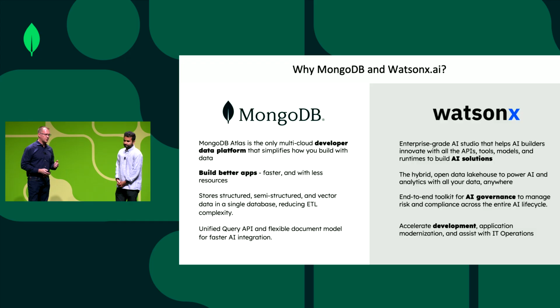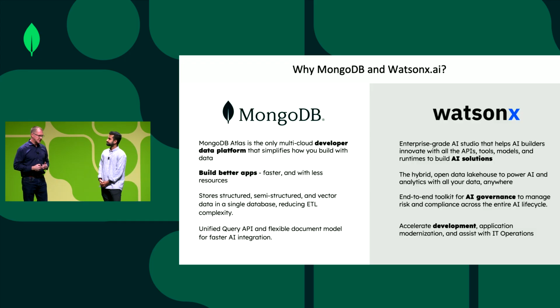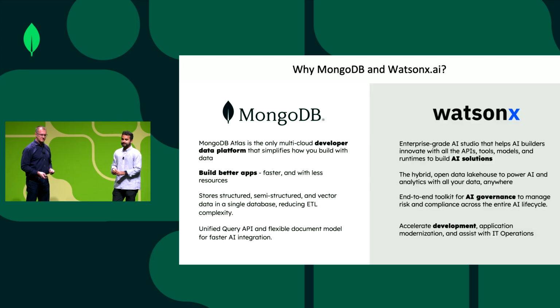Nisarg, how do I get started? If I am one of these enterprise customers, if I've got all my data in MongoDB sitting there, how easy is it for me to get started building some of these agentic workflows with Watsonx? Yeah, absolutely. If you're looking to work off of our SaaS environment, it's as simple as going on our website, trialing Watsonx and grabbing your API key. There's that mechanism if you want to do it through the UI.